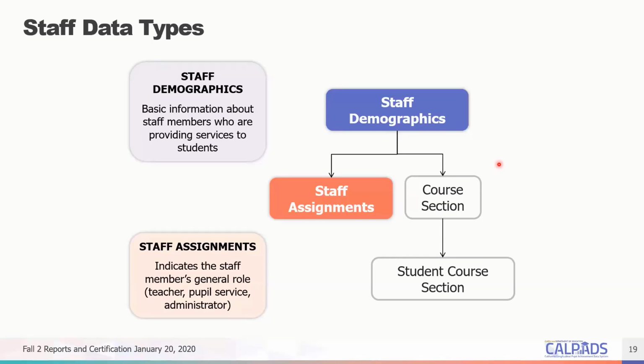So to gain ownership of a staff member, you have to submit a staff demographic file, hence the order of submission. You submit a staff demographic file, you then report their staff assignments, what their job classification is, and where they are assigned to.